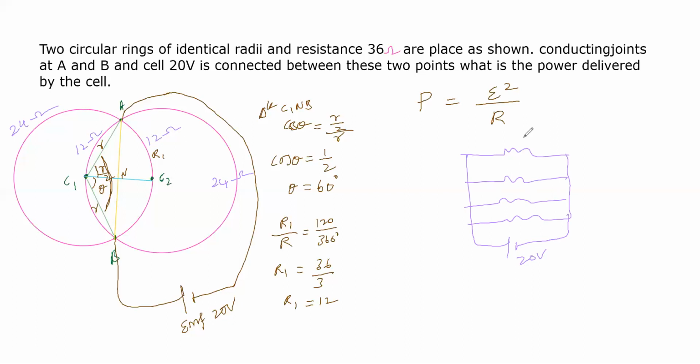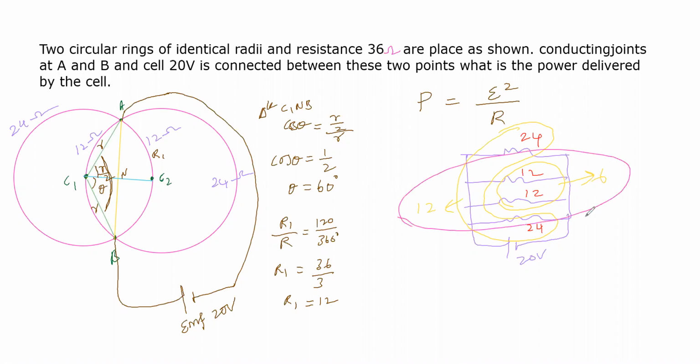Now the two 12 ohm resistors in parallel give 6 ohm. The two 24 ohm resistors in parallel give 12 ohm. Then this 12 ohm and 6 ohm are in parallel.